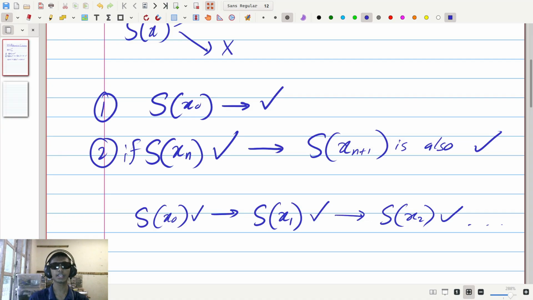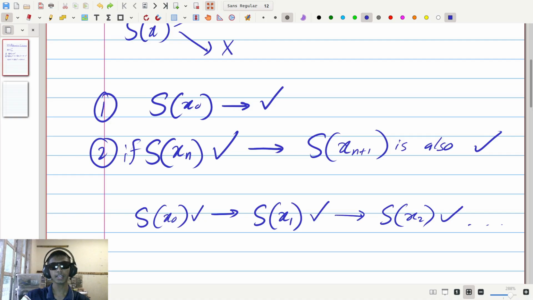So basically, this acts as a domino system. We have a first domino, which is our base case. Kicking this domino, given that we know that hitting one domino will hit the next domino, as in hitting S of x sub n will hit S of x sub n plus 1, we can say hitting the first domino hits the second domino, which will then hit the third domino, which will then hit the fourth domino, which will end up hitting every single domino.